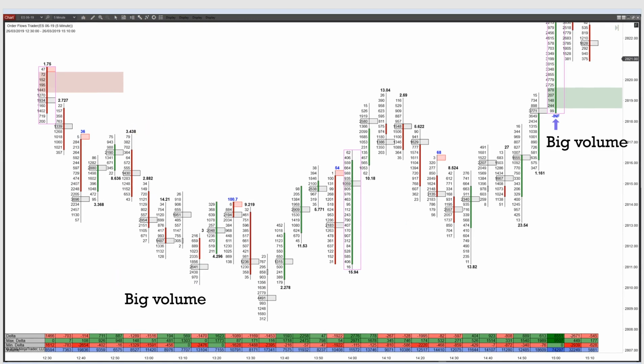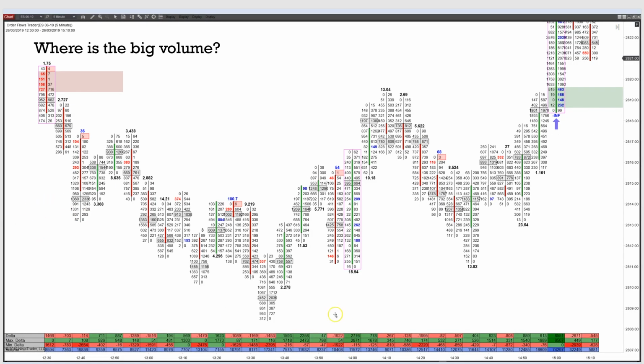If you're looking at the big volume, okay, so this is the volume chart, the volume at price footprint. This is the same chart here that it is here. But again, this is where some of the stuff is going to come in handy for you. Look at that. You're probably not noticing it in here.